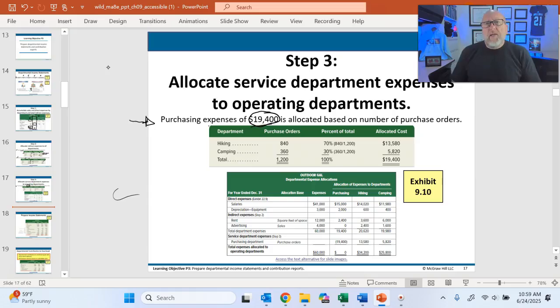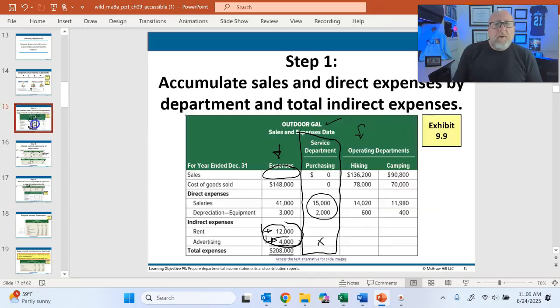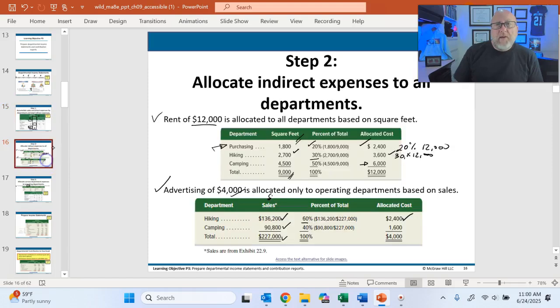Okay, so what we're saying is we have total service department expenses of 19,400, but I got confused because when I went over here, it looks like there was only 17,000. Now, what we did is we said we're going to allocate 12,000 in rent to the 3 different departments.